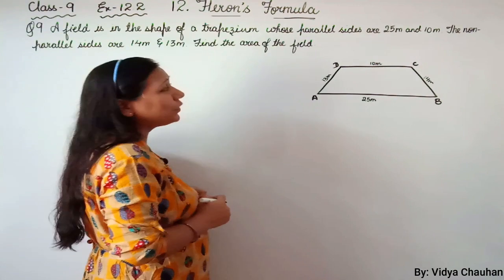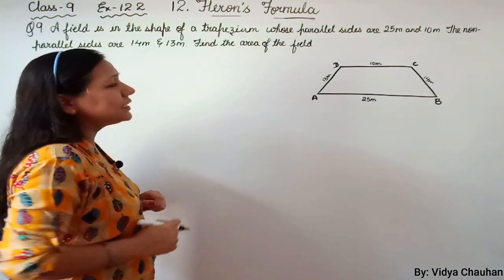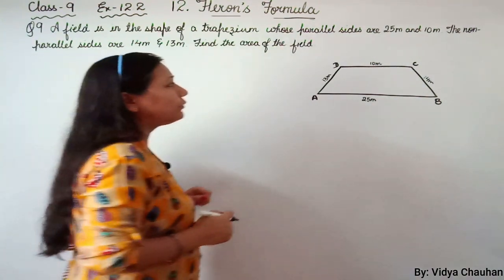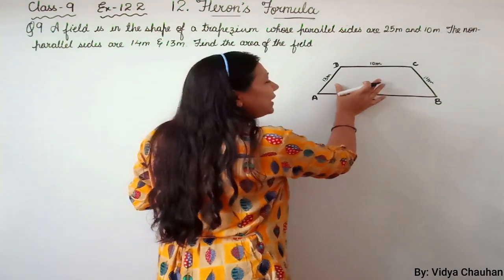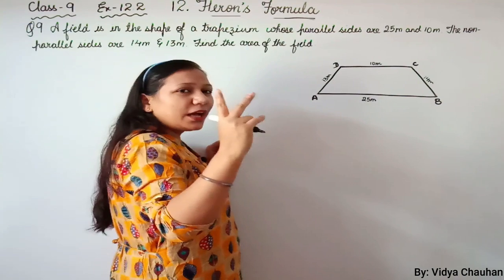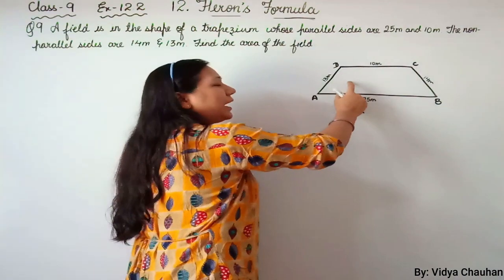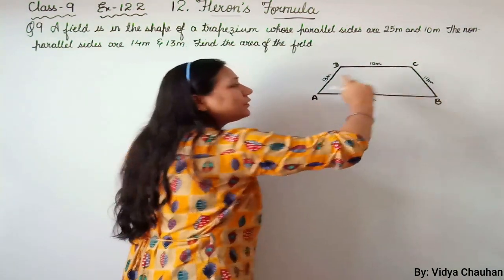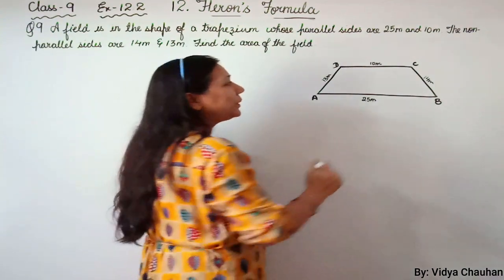So the basic concept and the basic method which you have to use here is, we will divide this trapezium into two shapes, one shape a parallelogram and another a triangle. So how will we do that?